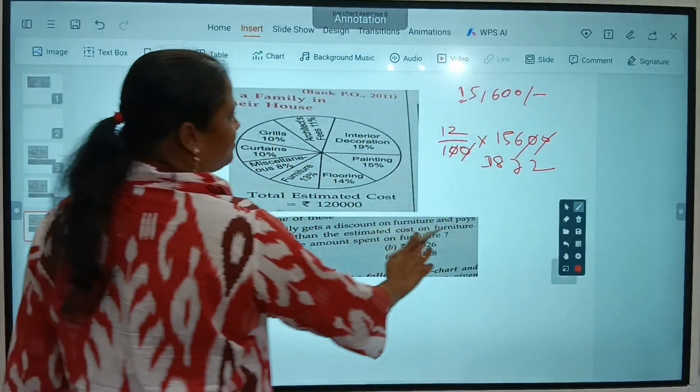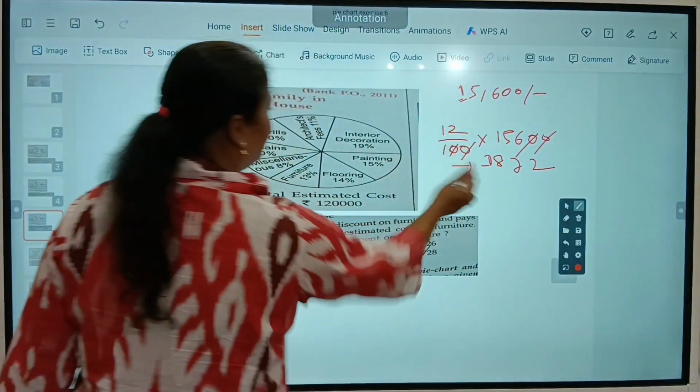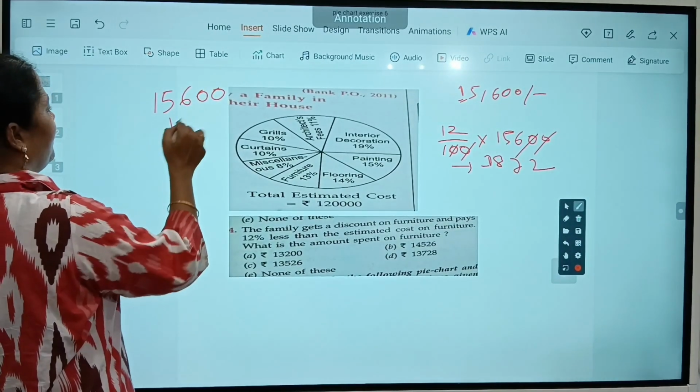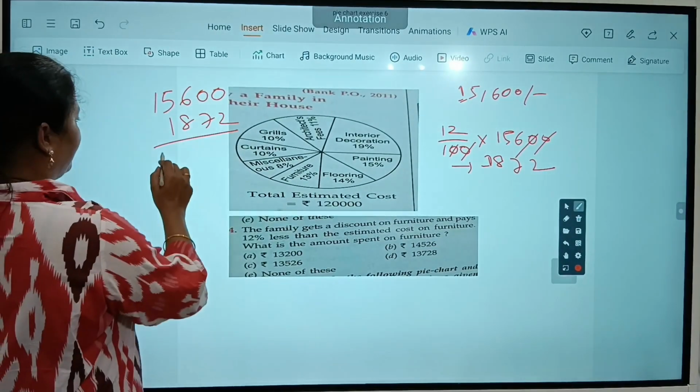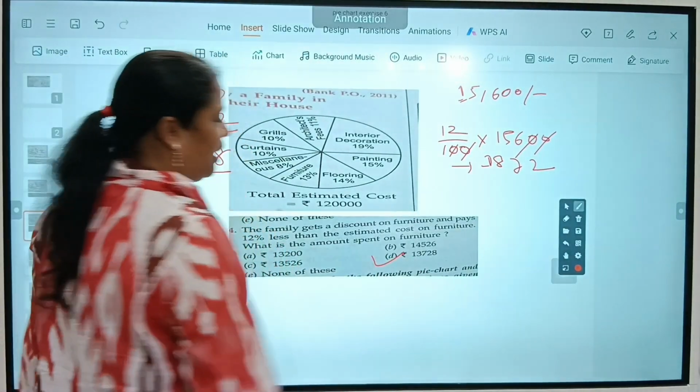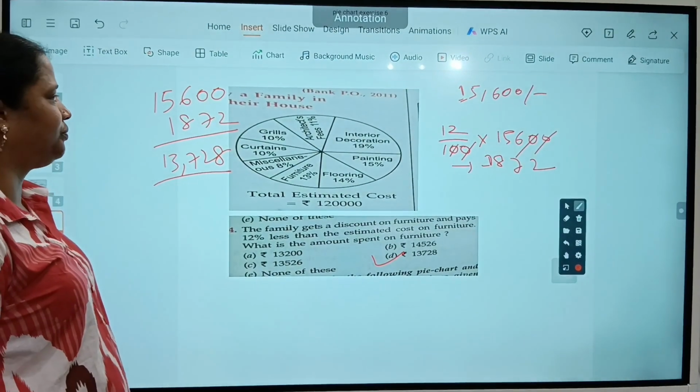So to find the amount spent on furniture after this discount, we subtract 1,872 from 15,600, which gives 13,728. This will be the value.